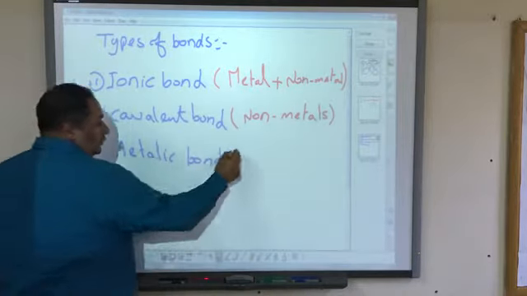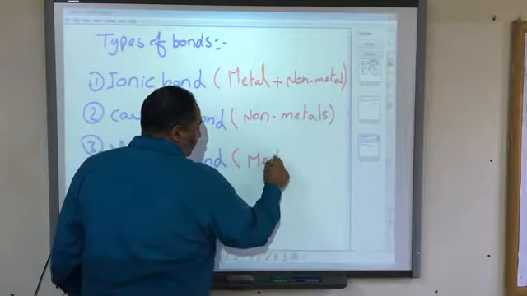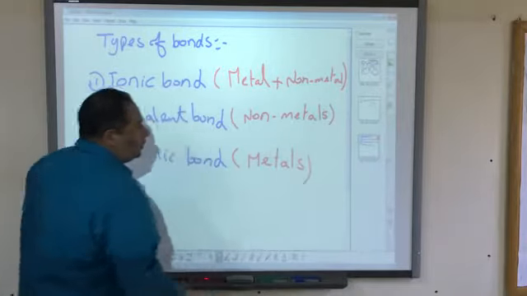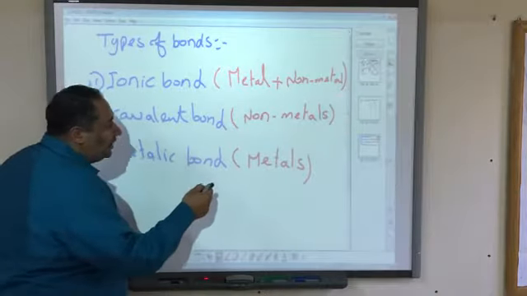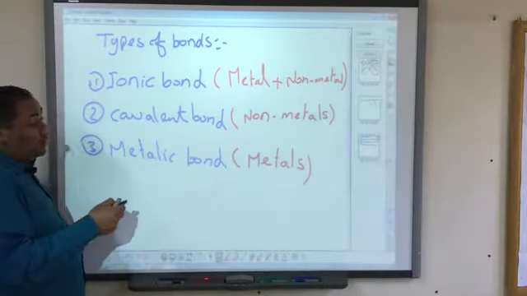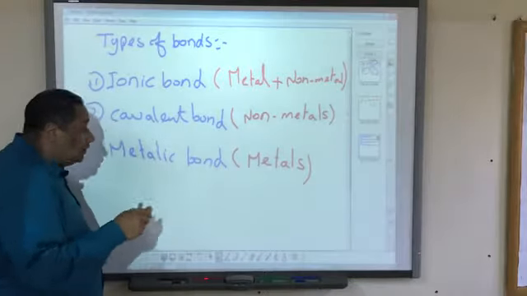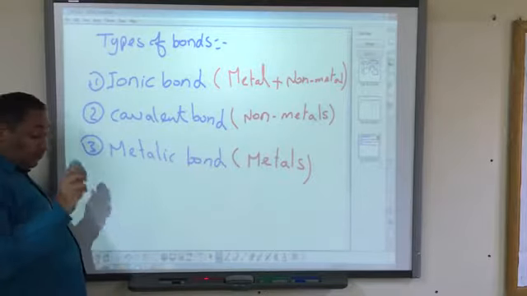Metallic bond, metals only. Very simple. Ionic bond happens between the metal and non-metal. Covalent bond happens between non-metals only. And metallic bond happens between metals. Very good.